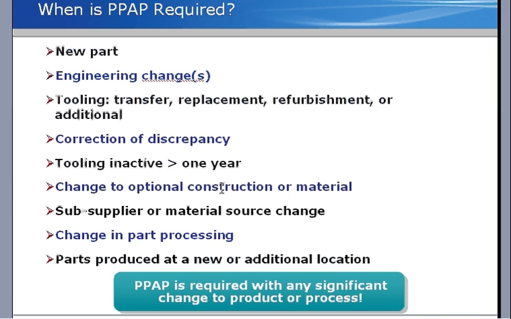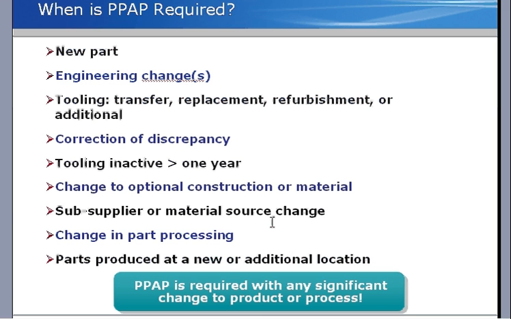If we change any material, construction, or production process, we need to resubmit a PPAP document. Also for a supplier or material source change, a change in part processing, or parts produced at a new or additional location.